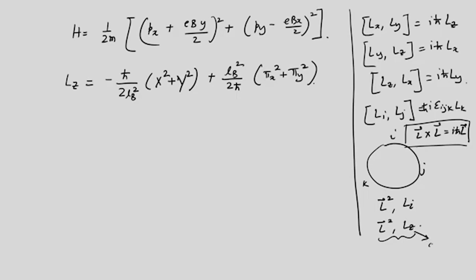Lz depends only on del by del phi, where phi is the azimuthal angle. I mean theta and phi, theta is one angle and phi is the other angle that you have in this particular sense.